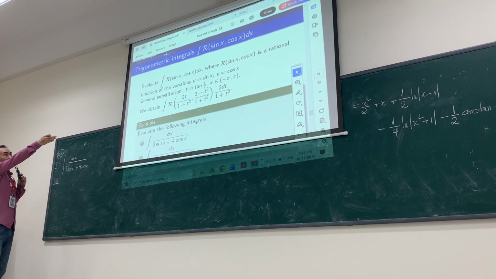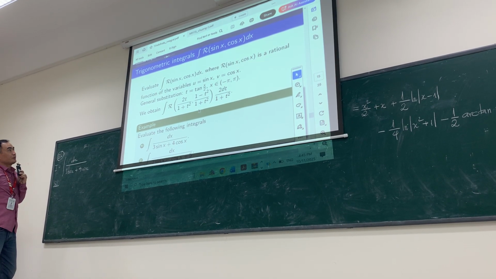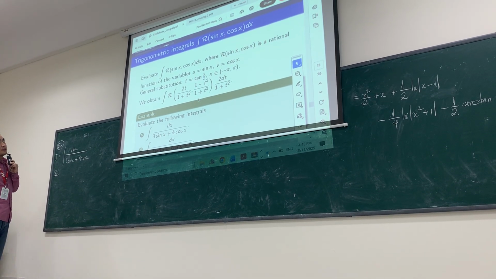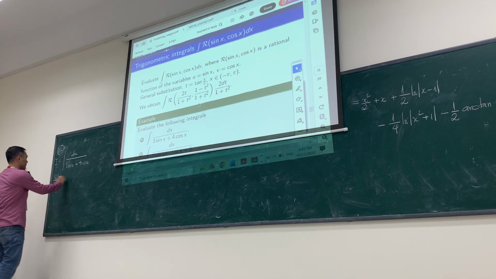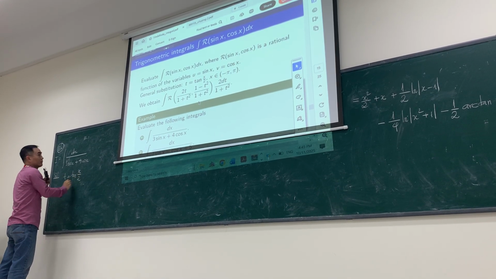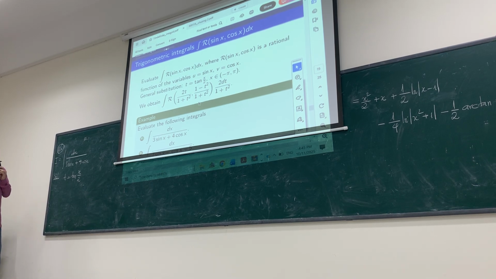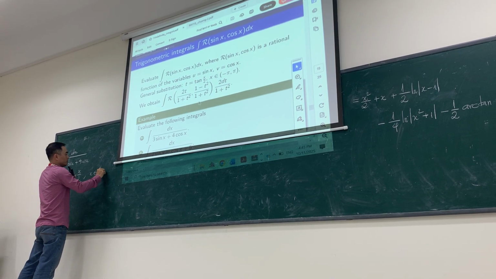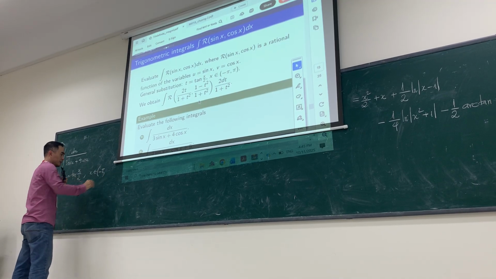It's on the general form. We take the substitution t equals tangent x over 2. Of course, we take x belongs to minus pi, pi.